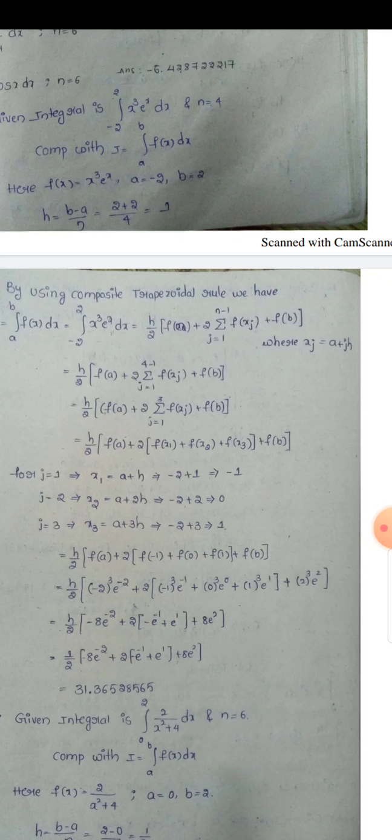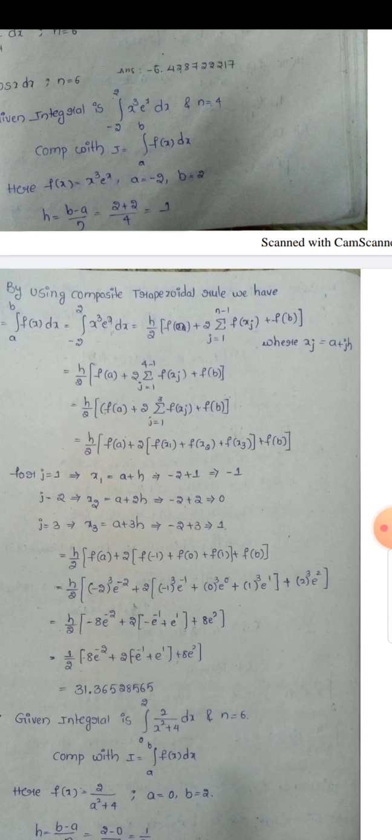equals h by 2 into [minus 2 power 3 e power minus 2 plus 2 into (minus 1 power 3 e power minus 1 plus 0 power 3 e power 0 plus 1 power 3 e power 1) plus 2 power 3 e power 2] equals h by 2 into [minus 8 e power minus 2 plus 2 into (minus e power minus 1 plus e power 1) plus 8 e square].